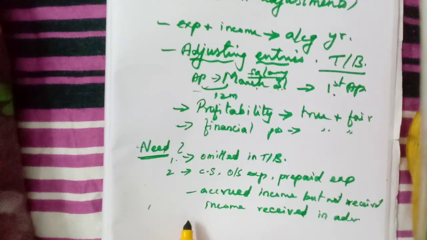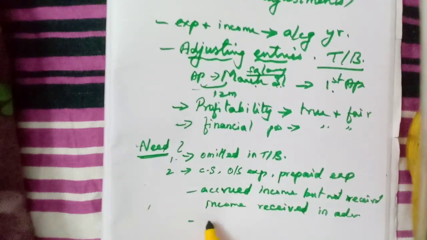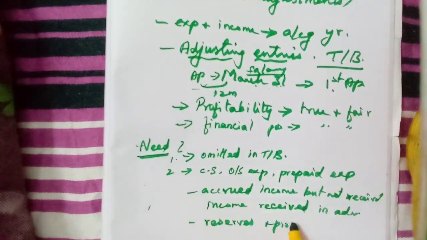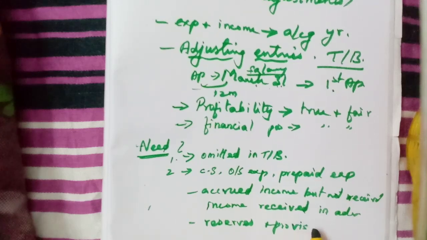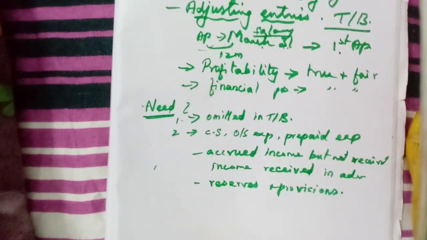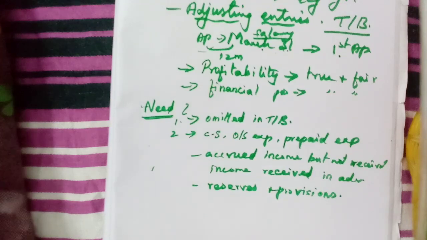Then sometimes they may give reserves and provision for bad and doubtful debts, or we may write off some of the bad debts. So for reserves and provisions we need to make these adjusting entries.